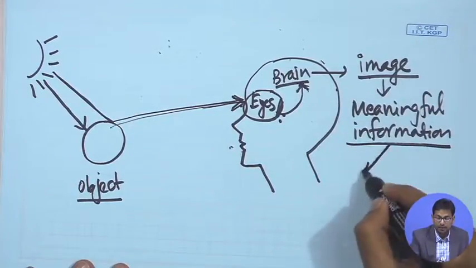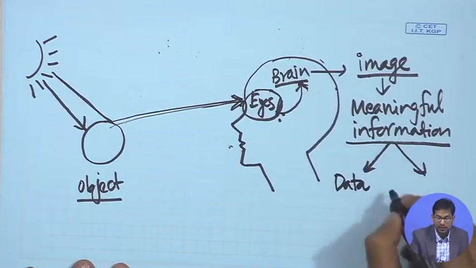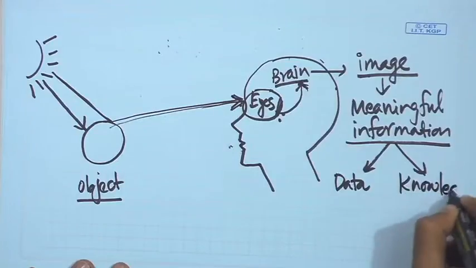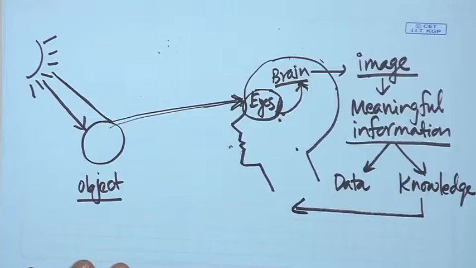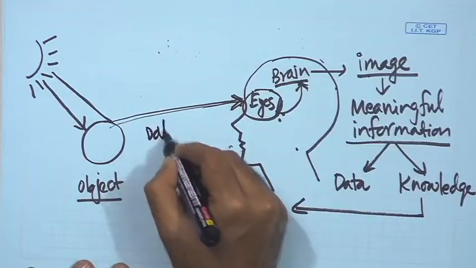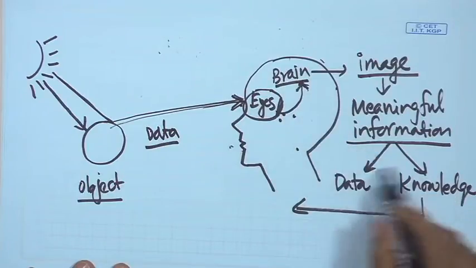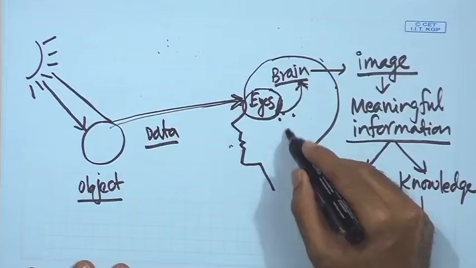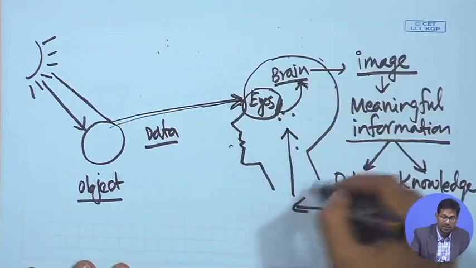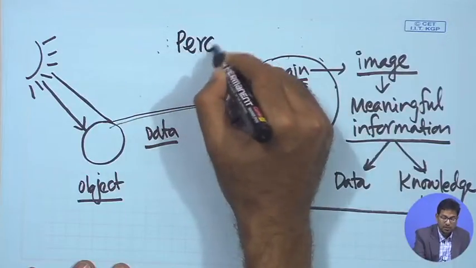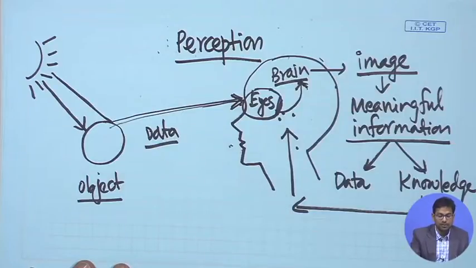And if you remember, information is based on some kind of data and the knowledge that this particular individual holds. So it's the amount of data that reaches us which is processed, and then it maps back to the knowledge that this individual hosts, and that creates the perception.